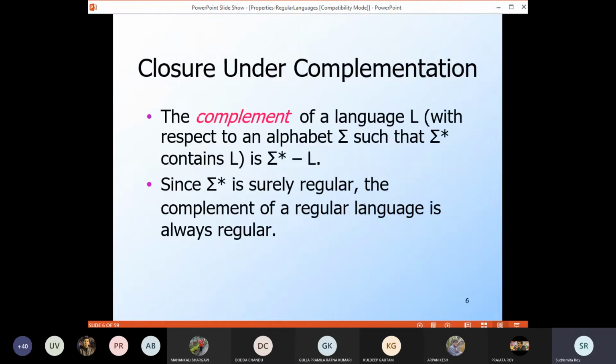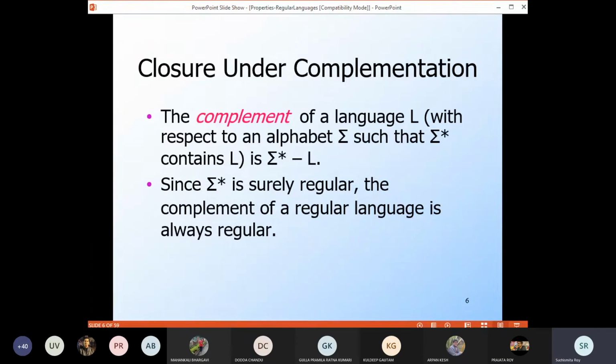So let's now look at complement. Okay, first of all, how do you define the complement operation on regular sets? Okay, how would you define complement? What is the complement of a regular set? It is defined with respect to a universal language. Okay, and what is that universal language?